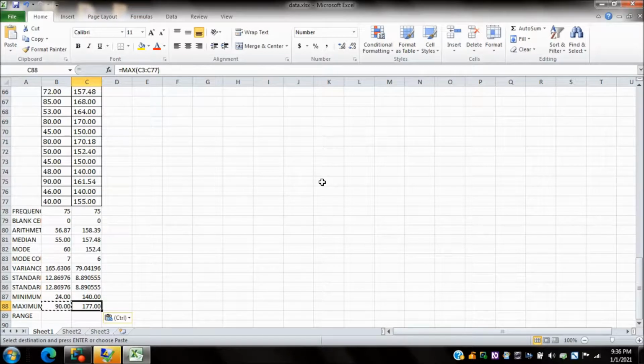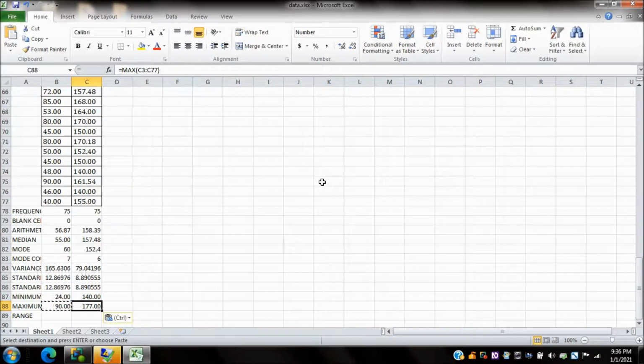Now the last measure is the range, which is the difference between the maximum and the minimum score in the distribution. There are two ways to find this.